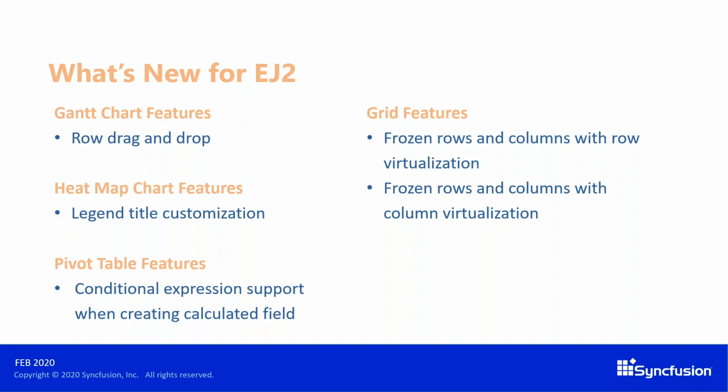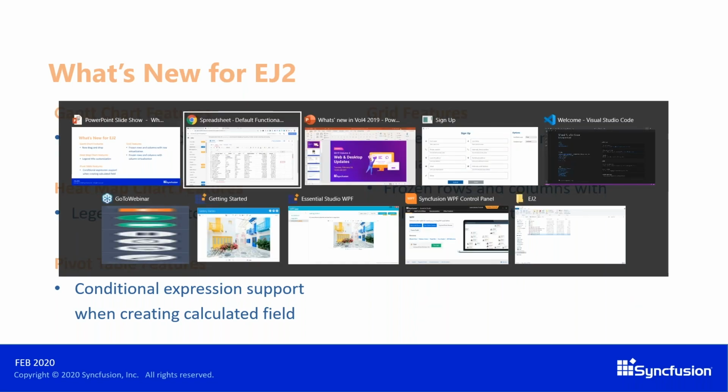And in grid, you have support for virtualization for frozen rows and columns. We already had support for frozen rows and columns. Now we also have support for row virtualization and column virtualization while scrolling huge amounts of data. So let me show you a demo on this.